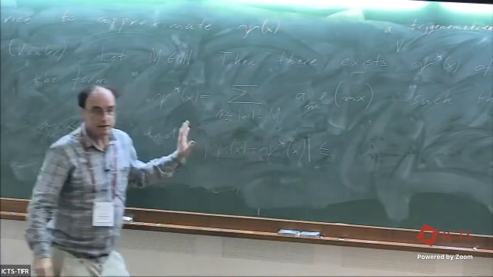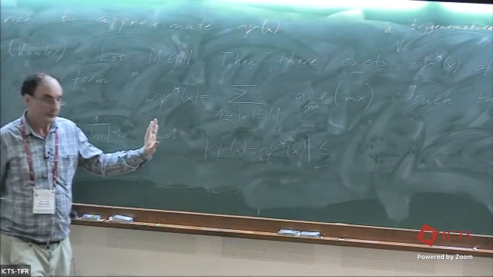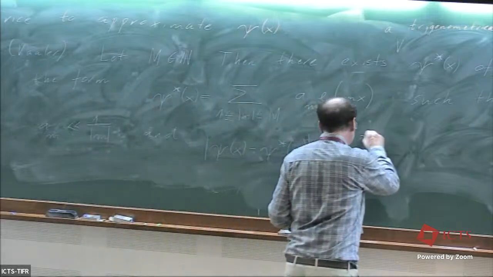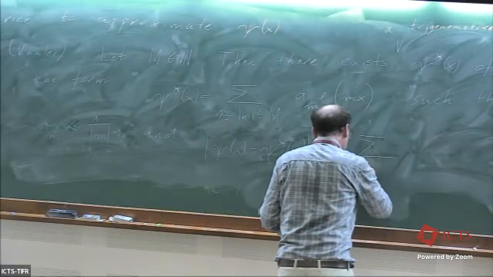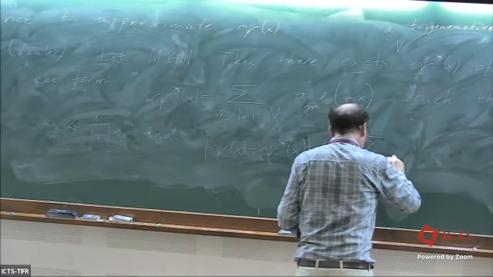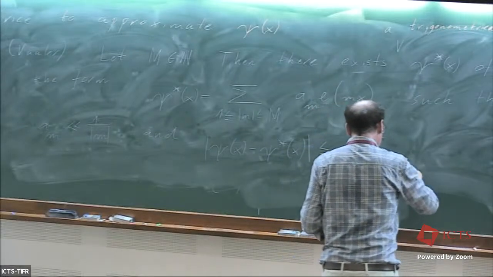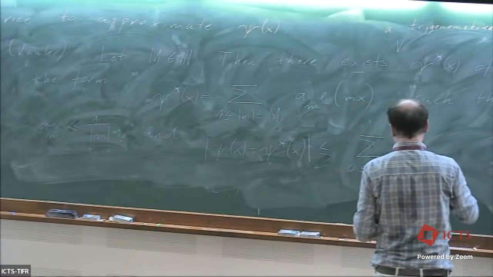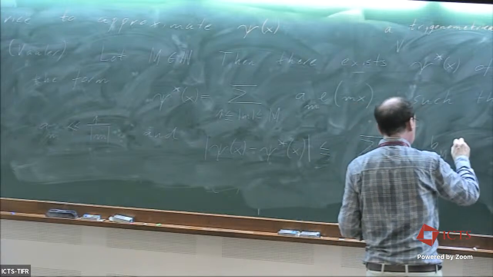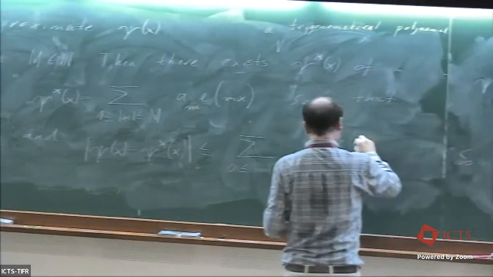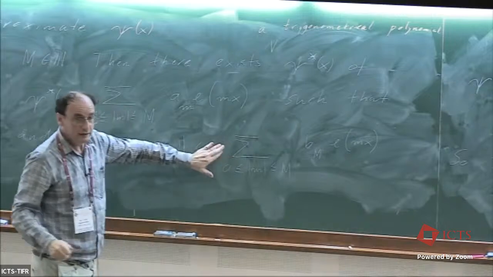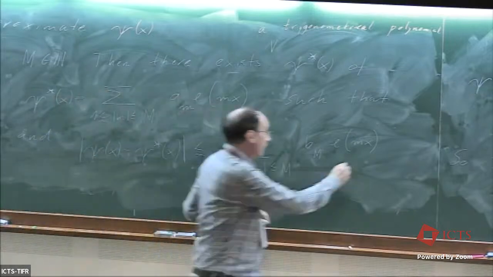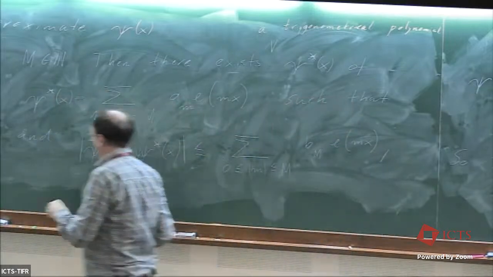is bounded by another trigonometrical polynomial. Is less or equal, so that is now a sum over modulus m less or equal m, bm e of mx. So that turns out to be non-negative here, that sum, where the bm's are of a very special form.